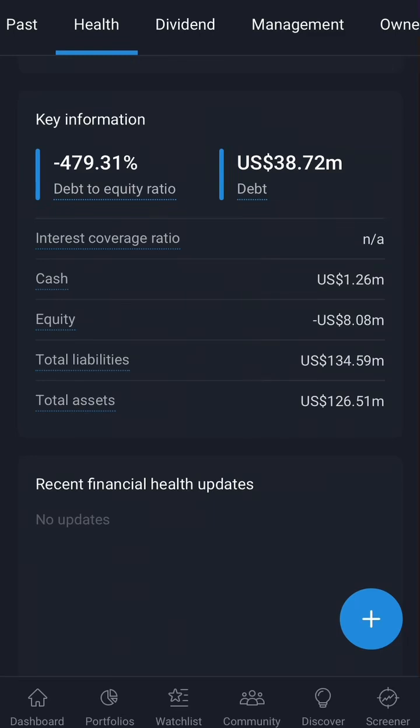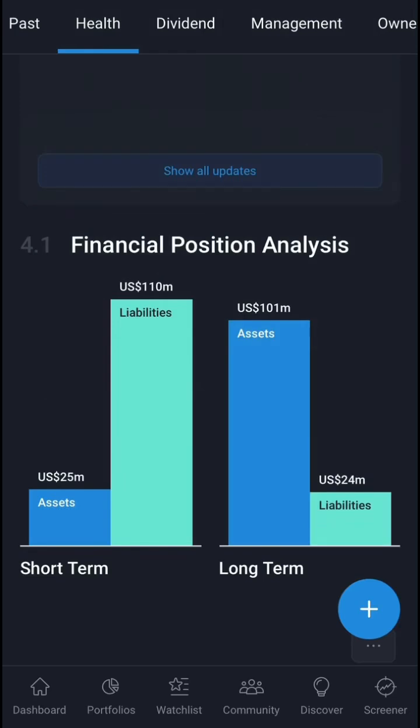And also you can look at the cash, the equity, the total liabilities and total assets. You can see the liabilities are more than the total assets, which is also bad. And also looking at the financial position within the short term, you can see the asset is far smaller than the liabilities.